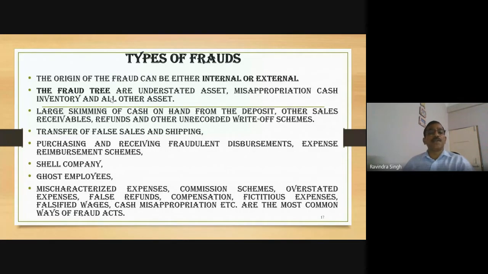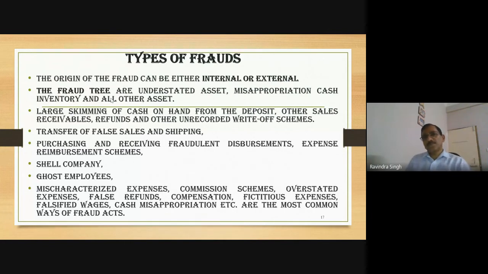Misappropriation, cash inventory and all other assets. ऐसा फॉर्म करके assets को कम दिखाना, मेरे पास asset नहीं है, liability ज्यादा हो गया. Large skimming of cash on hand from the deposit, other sales, receivable, refund and other. These are the modus of making fraud in any organization.